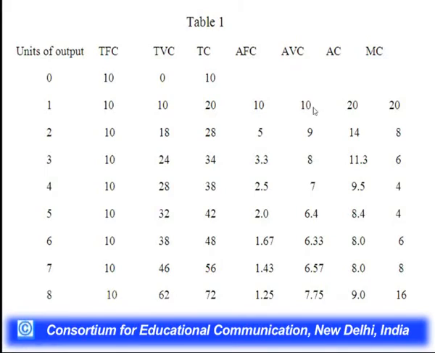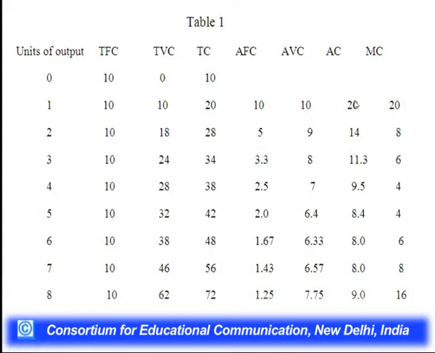So far as AVC is concerned, we derive it by TVC divided by the output, and this is also, firstly, declining from 10 to 9, 9 to 8, 7, 6.4, 6.33, but afterwards it has started increasing.